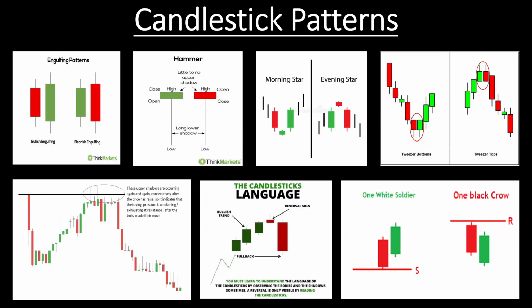This is when you have a bearish candle here, right? And the next candle is a bullish candle, and the entire range of the candle is engulfed within this new bullish candle.